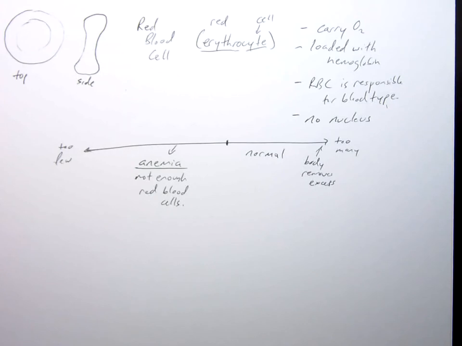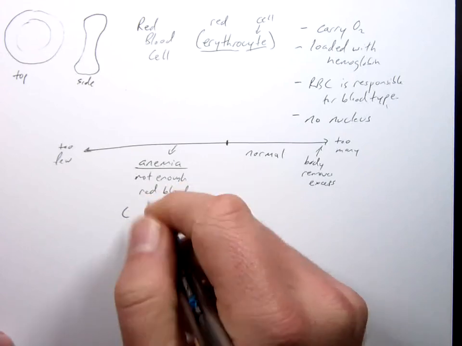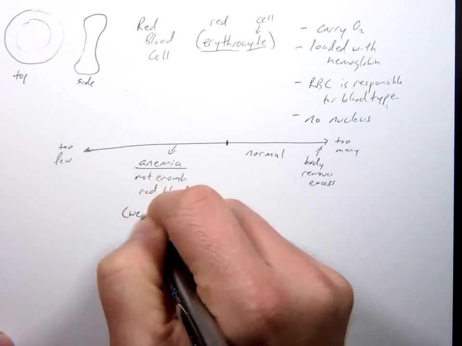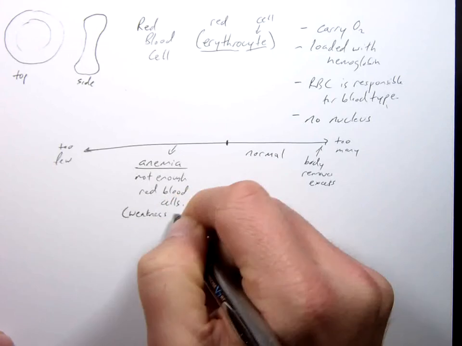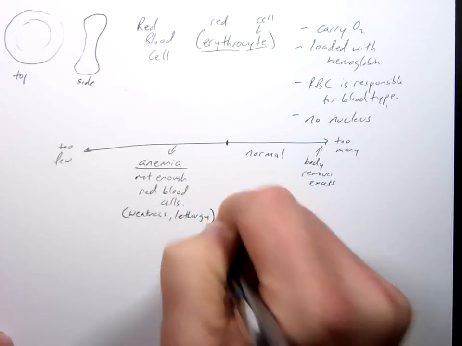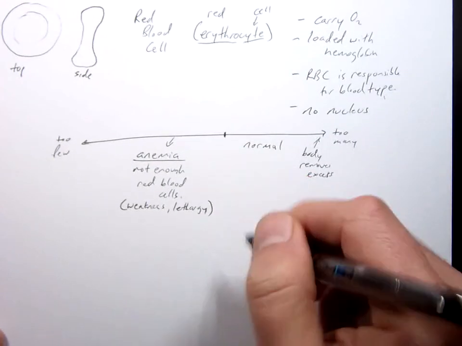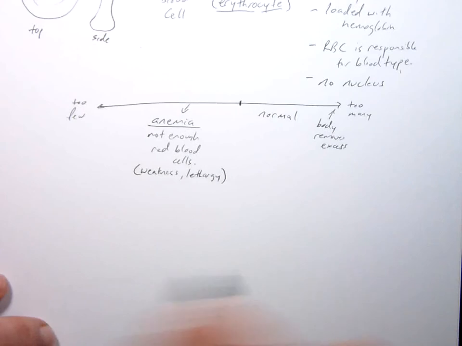We can build lots of stuff out of those Legos, but we have to put those Legos into our body to be used. So, in people with anemia, the main symptoms are weakness and lethargy. Lethargy is a fancy word for tired and low on energy and things like that.